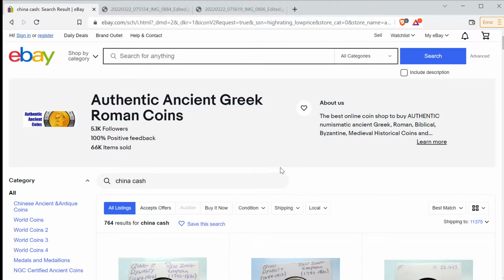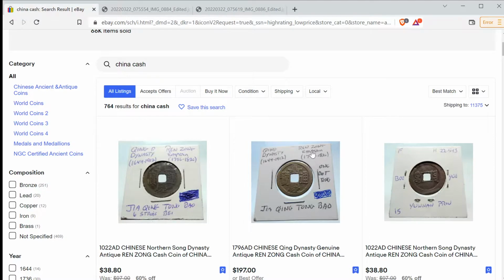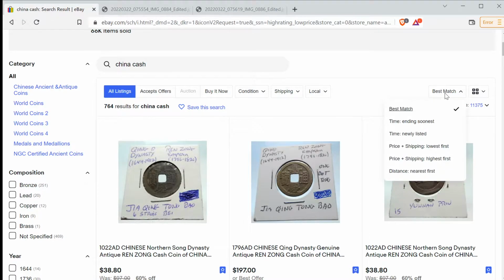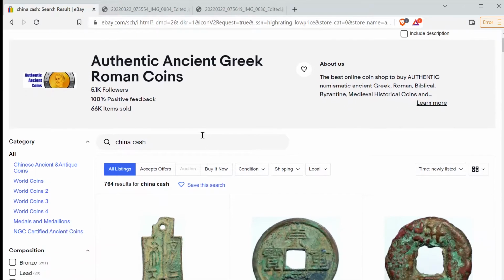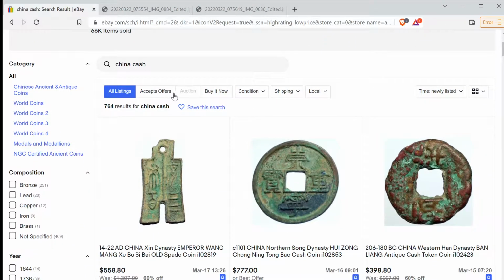Call it China Cash Coins. So we have 764 different items in my store. What we're going to see is, let's say, the newly listed types. Many interesting cool coins could be seen here.